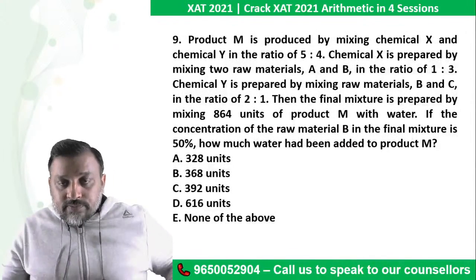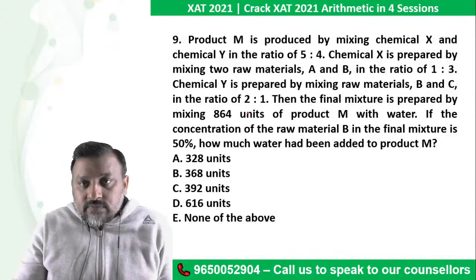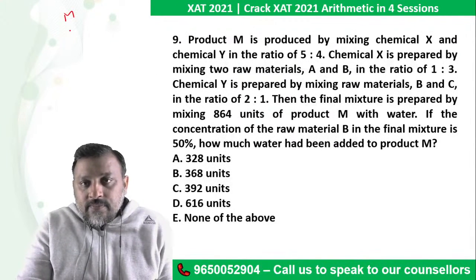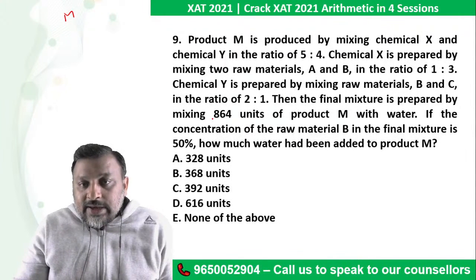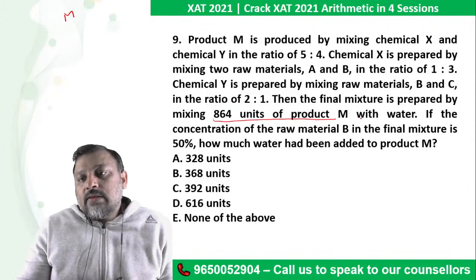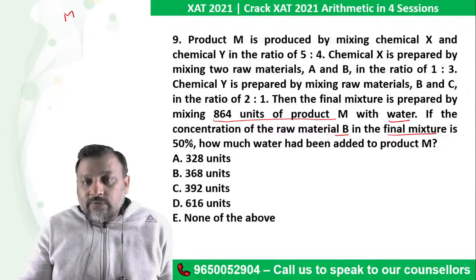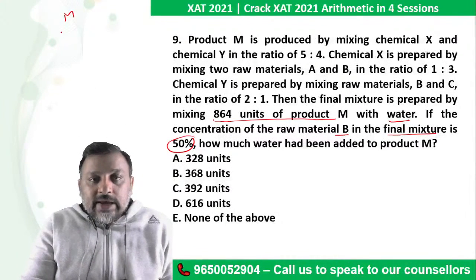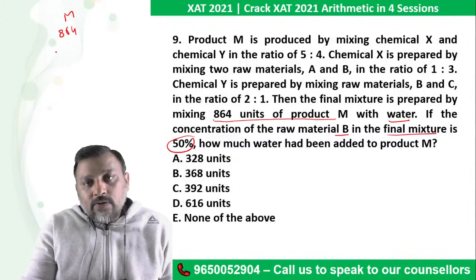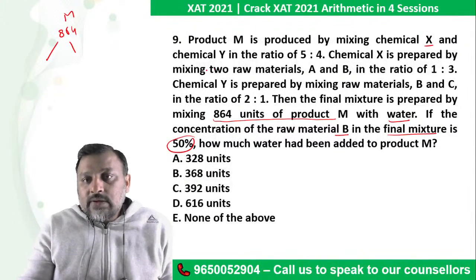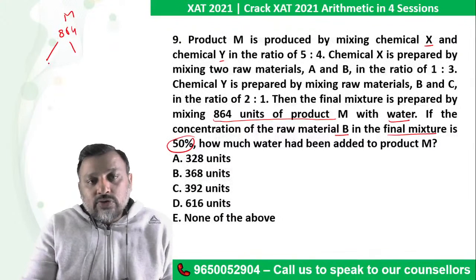Okay, so let's discuss this. It is given in M, this 864 units of M is mixed with water and the final concentration of B in the final mixture is 50%. Now in M we know the ratio of X and Y. The ratio of X and Y is 5:4.